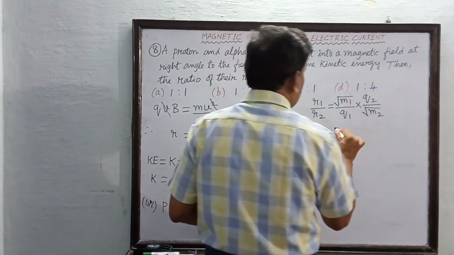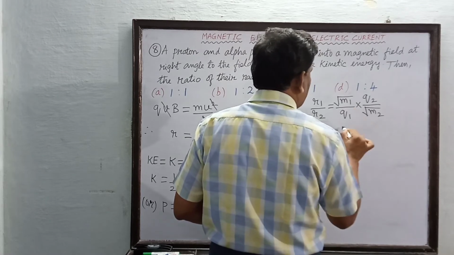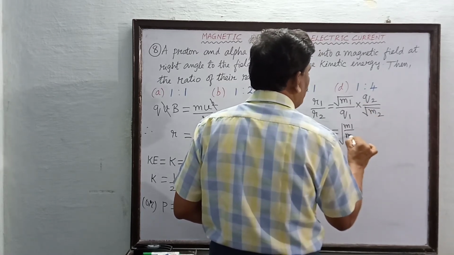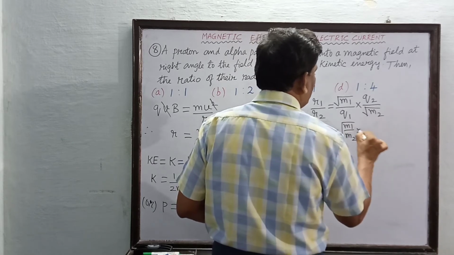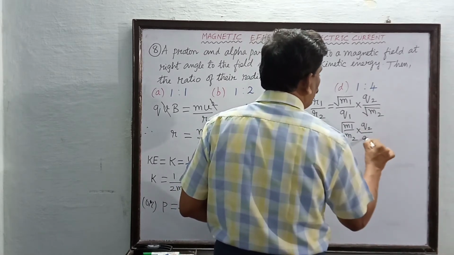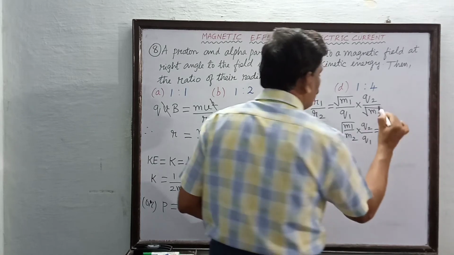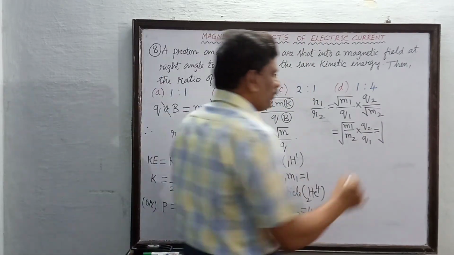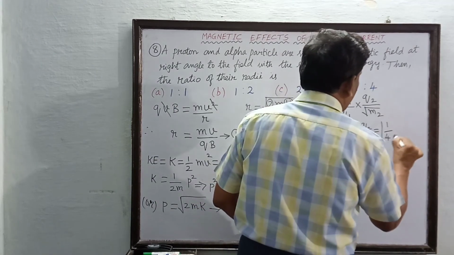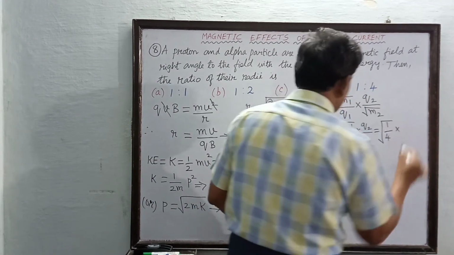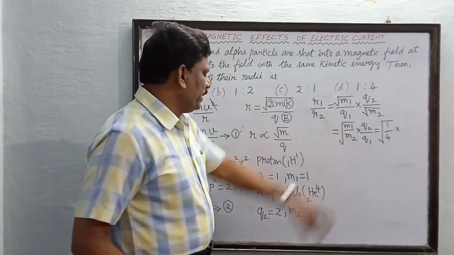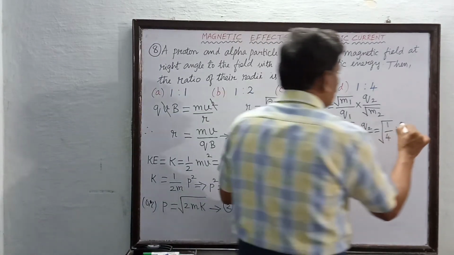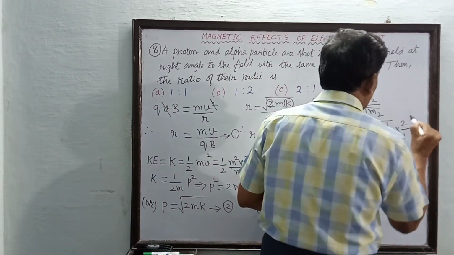I can write square root of M1 by M2 into Q2 by Q1. So this is equal to square root of 1 divided by 4, into Q2 by Q1, where Q2 is 2 and Q1 is 1, so 2 divided by 1.